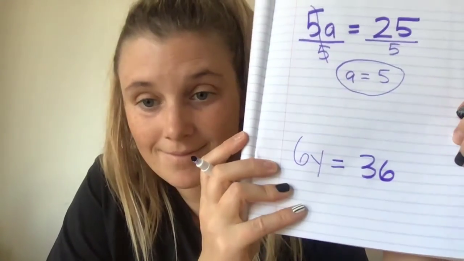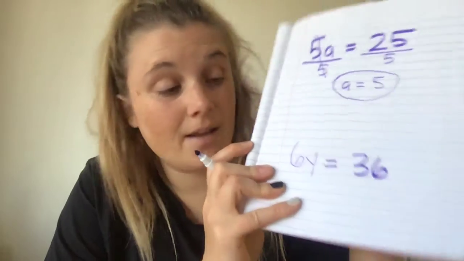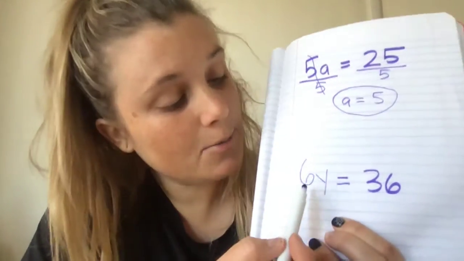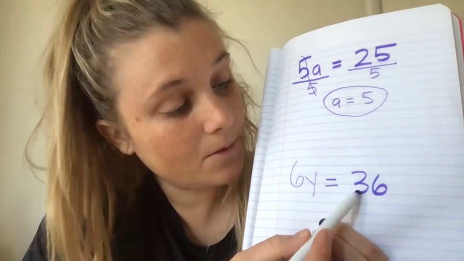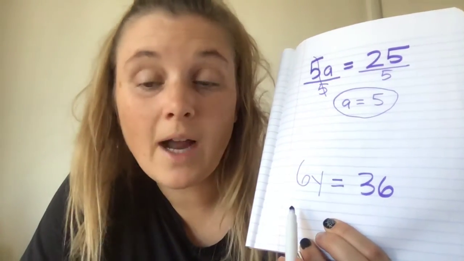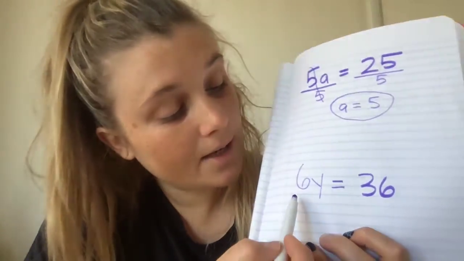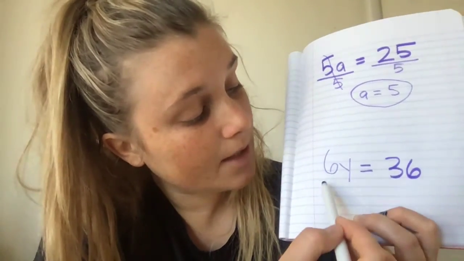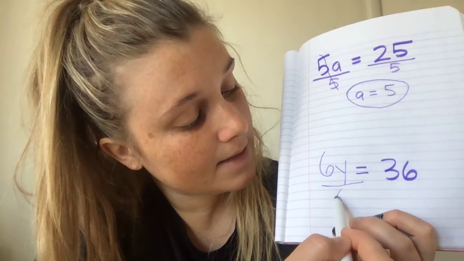Okay, try this one on your boogie board. Ready? 6y equals 36. Okay, we know this is multiplying. 6 times by something equals 36. Well, how are we going to figure that out? Let's divide. So we want this side to equal this side. So we're going to divide this by 6.